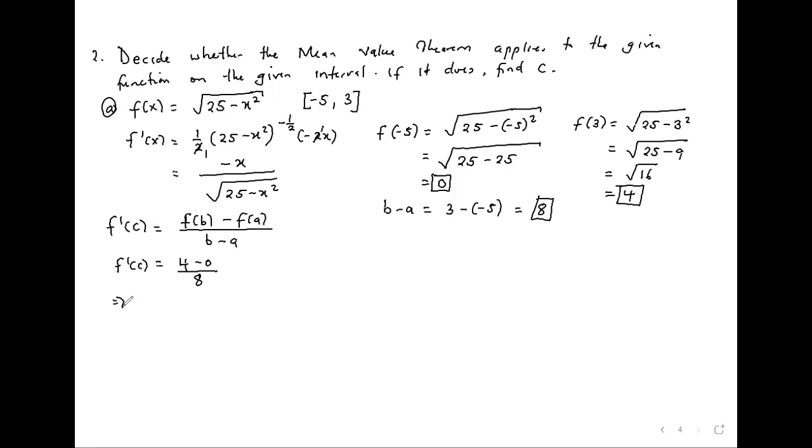This is the same thing as saying, what is f prime of c? F prime is here, so substitute where there is x, we put c. Negative c over the root of 25 minus c squared is equal to 1 over 2. We cross multiply, we'll get -2c is equal to the square root of 25 minus c squared.